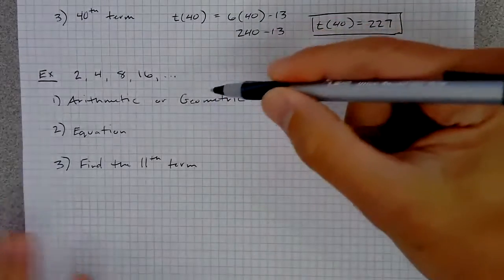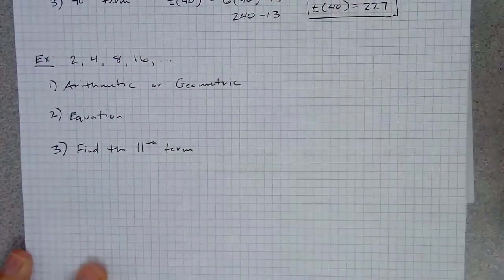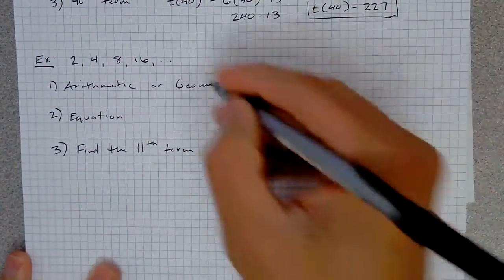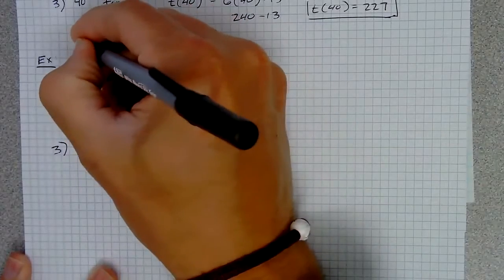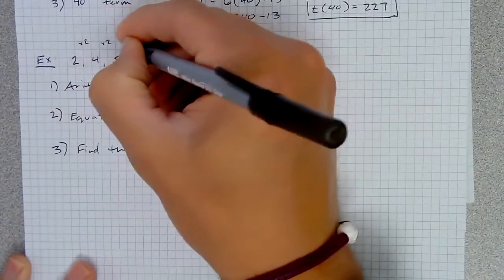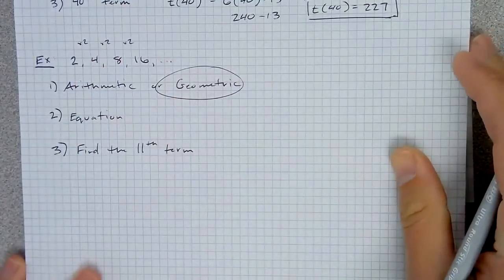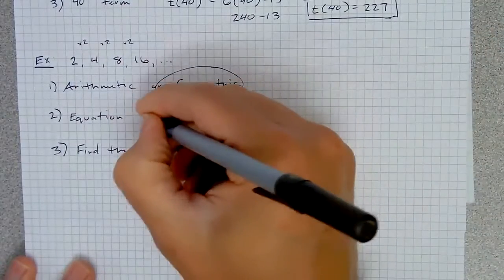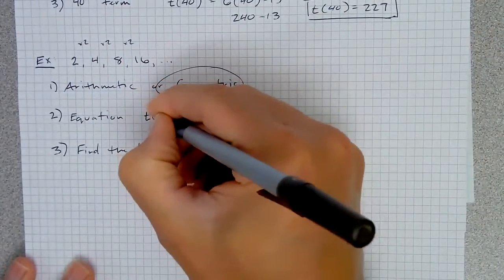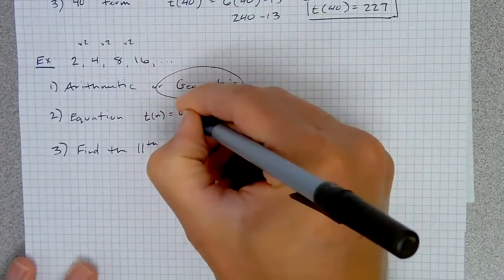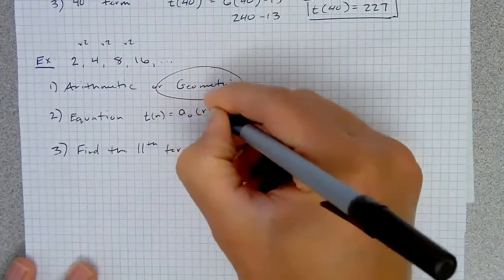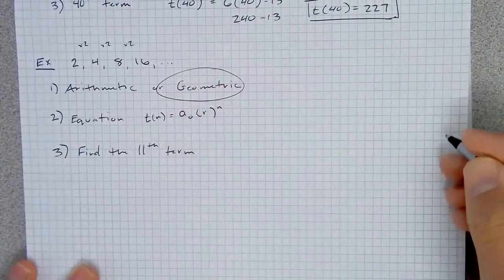Everyone's kind of confused on the same part, which is fine. Just means I'm a bad teacher. Okay? So we all identify that we're multiplying by 2, right? We've all gotten that far. So it's going to be a geometric function. The equation I gave you is T of n equals a sub 0 times r raised to the nth power.